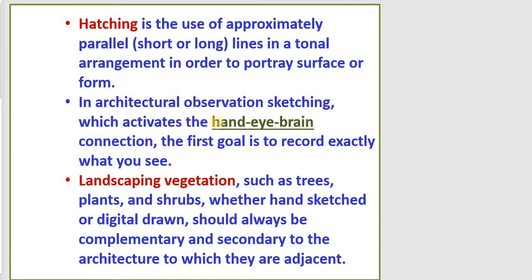That means you need to combine your hand, your eye, and your brain at the same time when you draw the projects. Landscaping and vegetation, such as trees, plants, shrubs, everything like this, should always be complementary and secondary to the architecture to which they are adjacent.